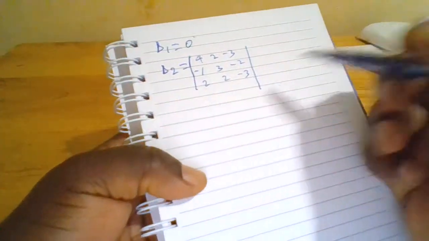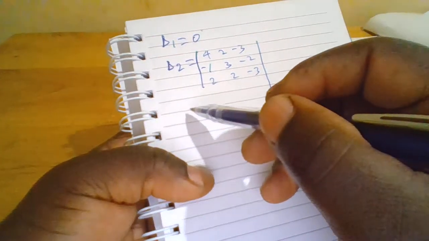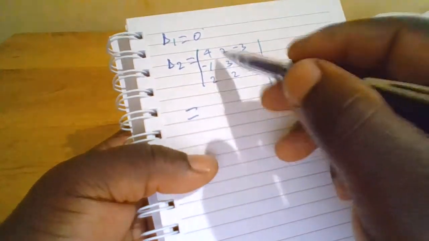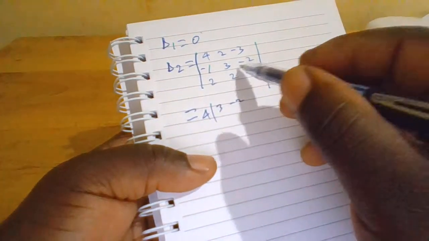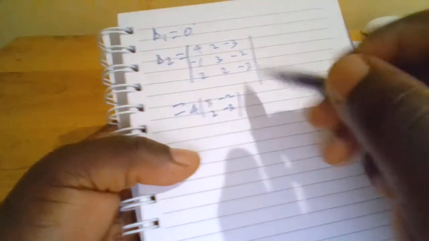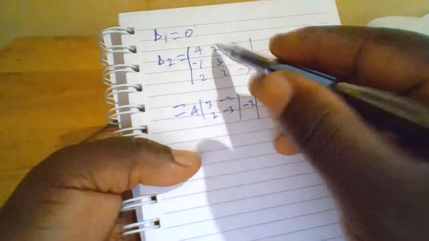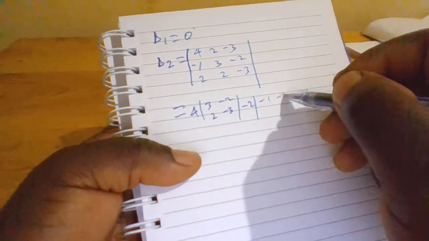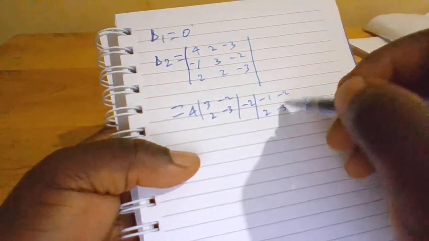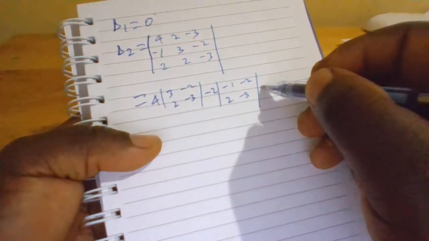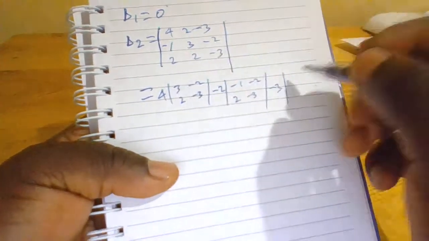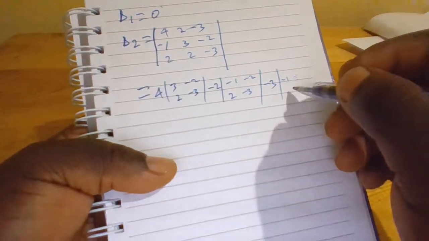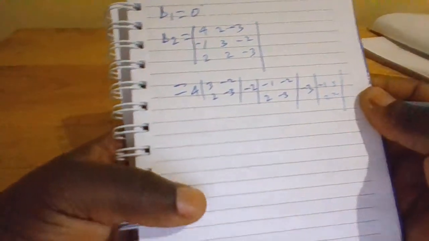Then we expand the determinant. So del 2 will be equal to: we take 4, then we have 3, negative 2, 2, negative 3. Minus 2, we cross out its row and column, so we have negative 1, negative 2, 2, negative 3. Then we have minus 3, so we have negative 1, 3, 2, 2, like that.